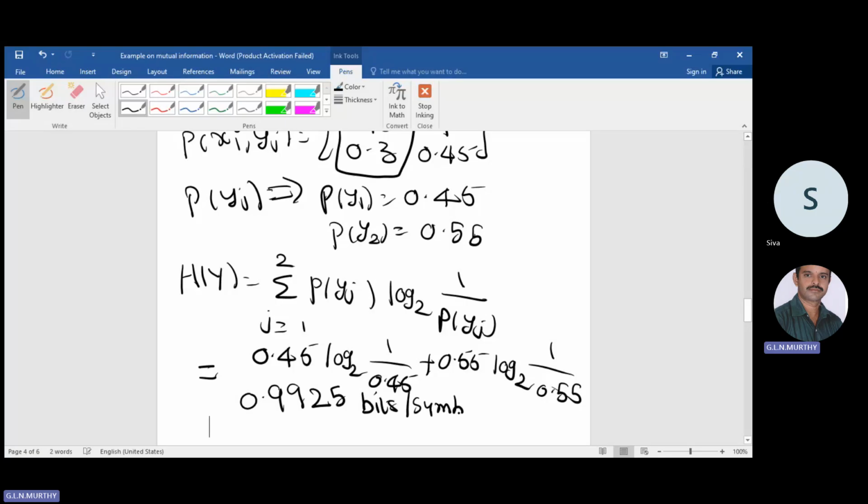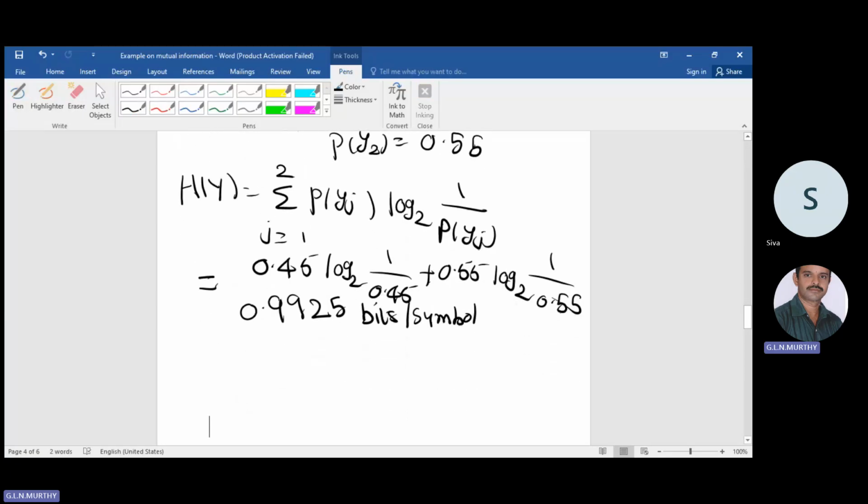This is the average information contained by the symbols y1 and y2. So the first parameter is estimated. Then what is required further? We need to calculate H of y upon x also.